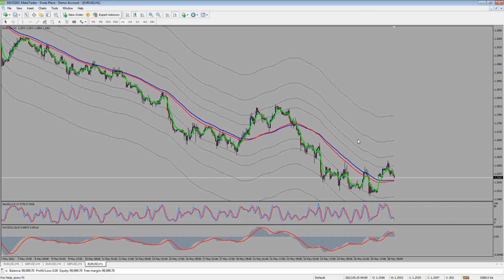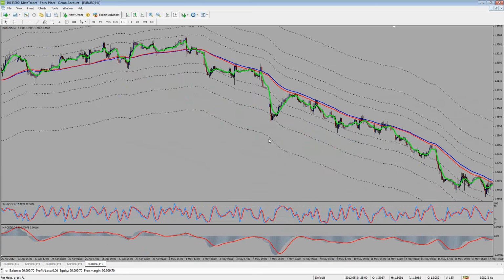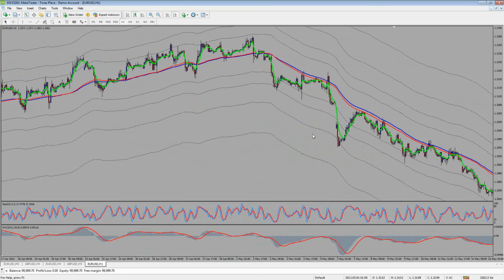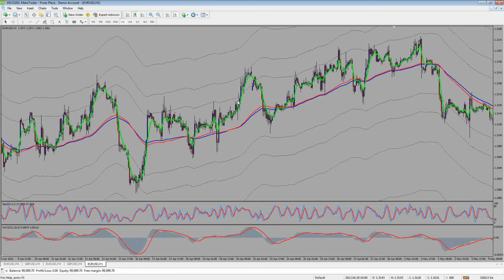You can always try to add other Fibonacci levels, if you want to try the 8 or 13 or 21 or 34. But as you can see here, these lines are pretty much okay, especially the closer lines, which are 55 and 89.